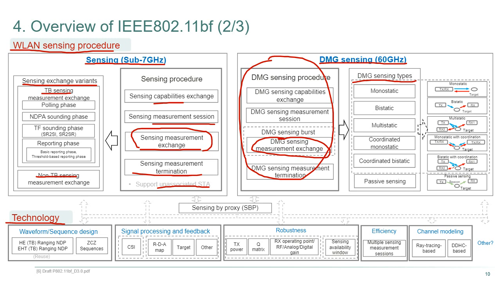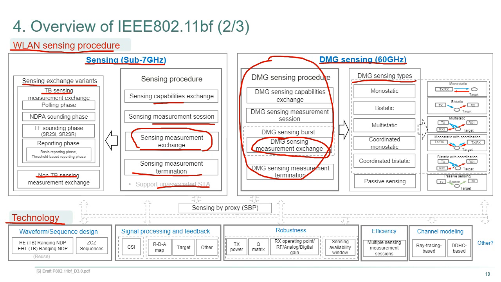If you are familiar with radar terminology, you can see that these terms basically come from the radar society. Monostatic means transmit and receive by one device or collocated devices. So that's the major difference.